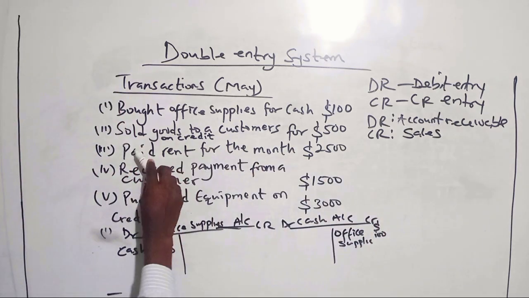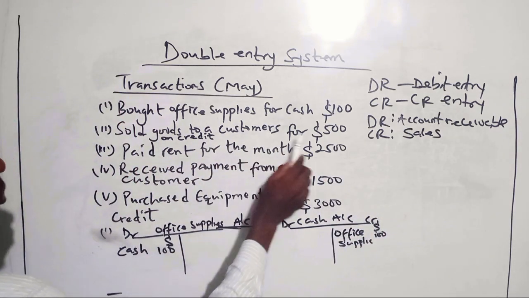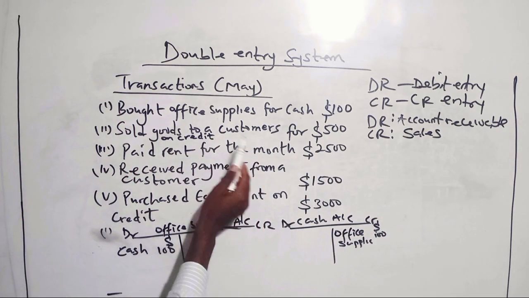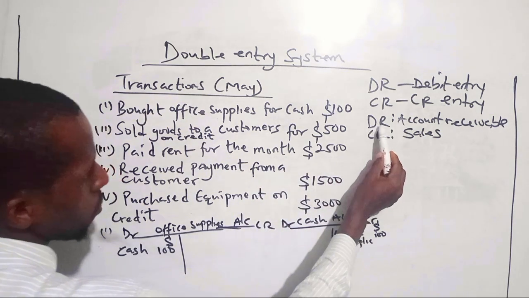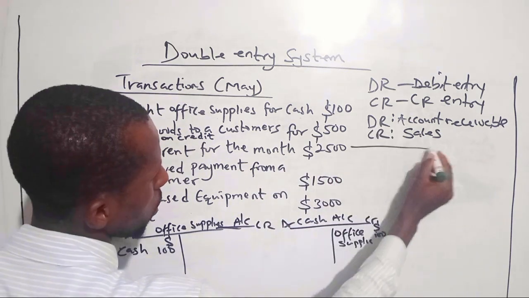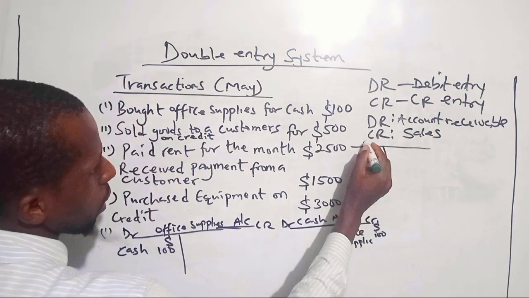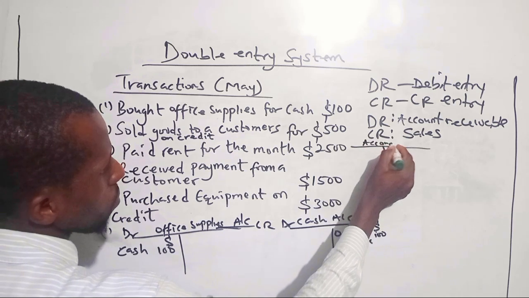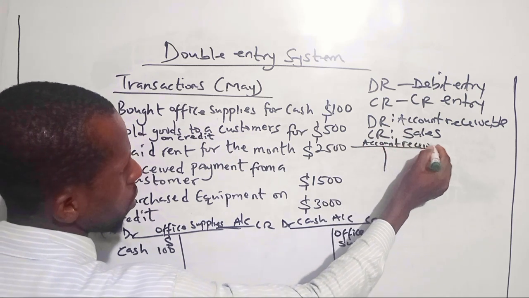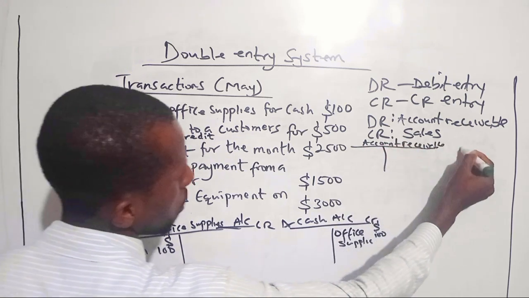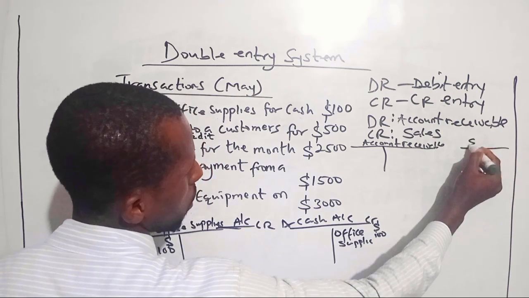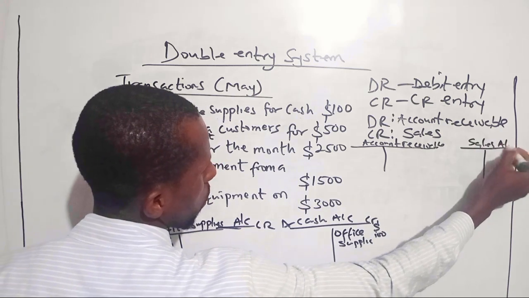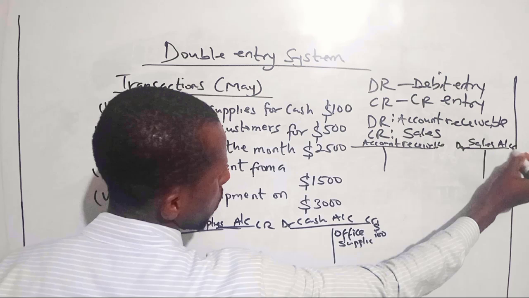So for the goods worth $500 sold to the customer on credit, we say accounts receivable, and here I have the sales account, this debit, this credit.